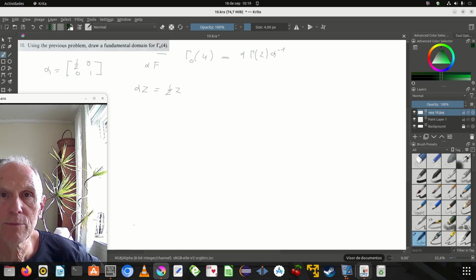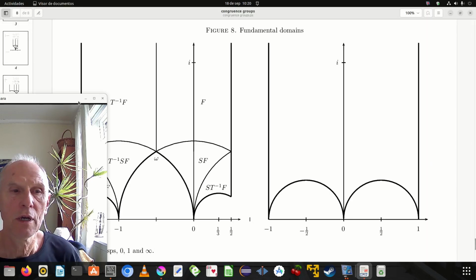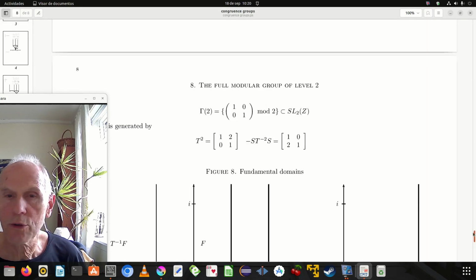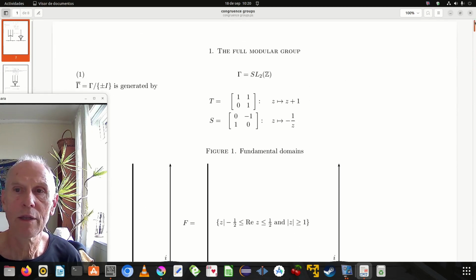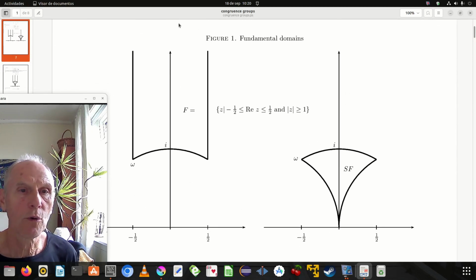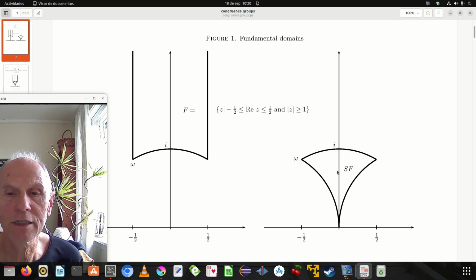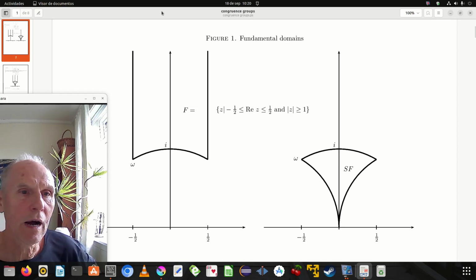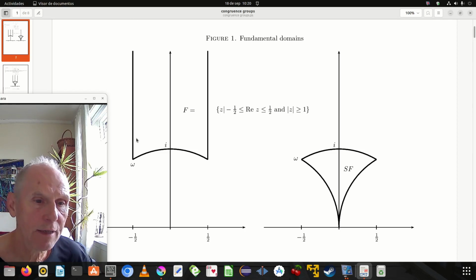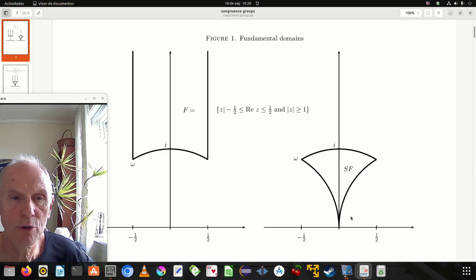In 2021, in the spring, when I worked with these problems, I actually did draw them. Here we have the fundamental domain of gamma itself, and I like to use S of F, and we can just look at how S maps. I infinity maps to naught, omega to this point, so that means this guy is mapped to this circle.